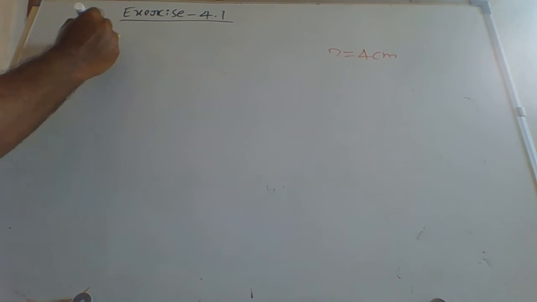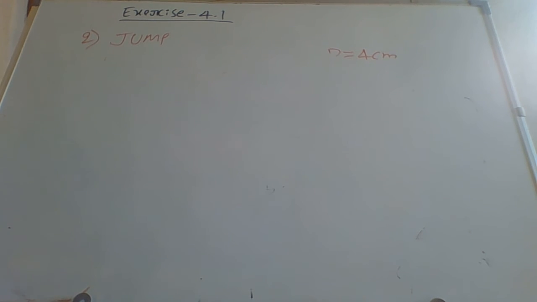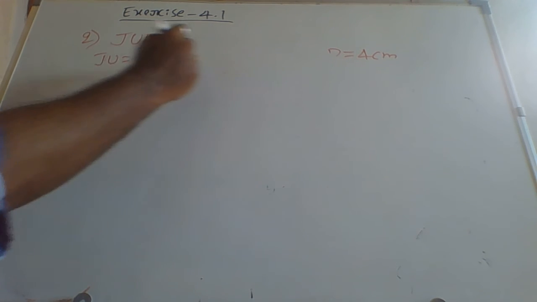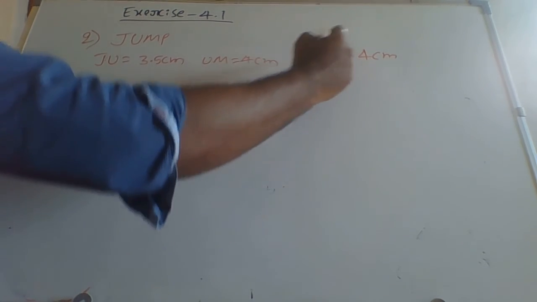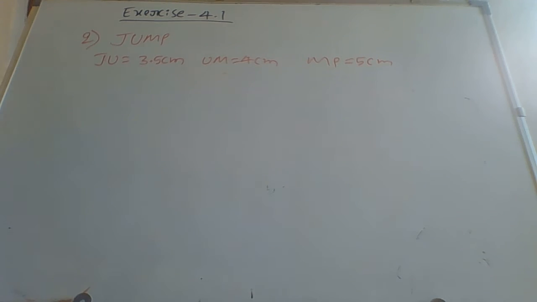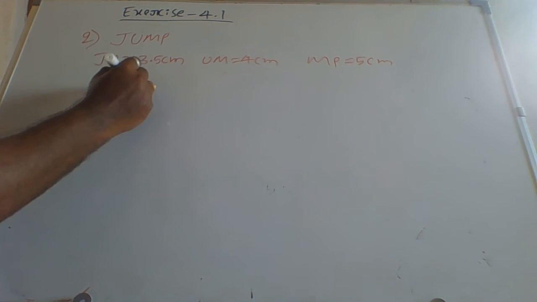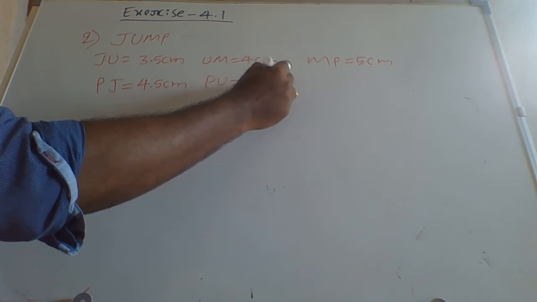So here in the second problem we have to construct quadrilateral JUMP, and they are given that the length of JU is 3.5 centimeters, UM is 4 centimeters, MP is 5 centimeters, PJ is 4.5 centimeters, and PU is 6.5 centimeters.